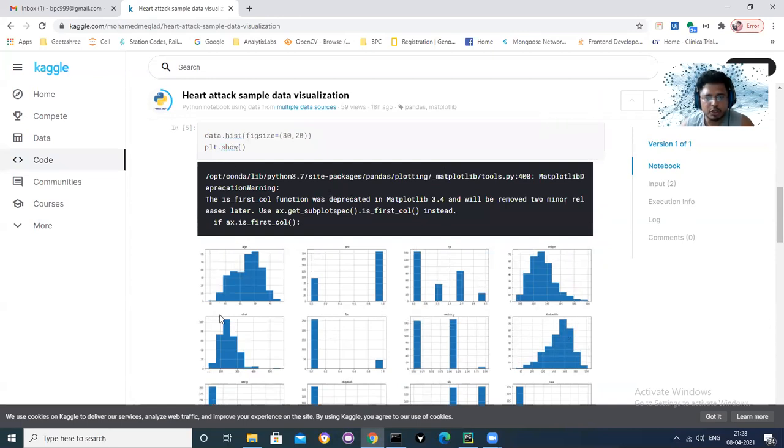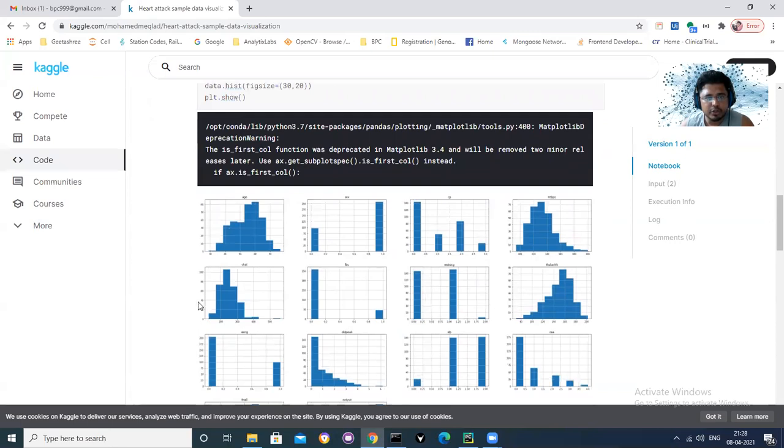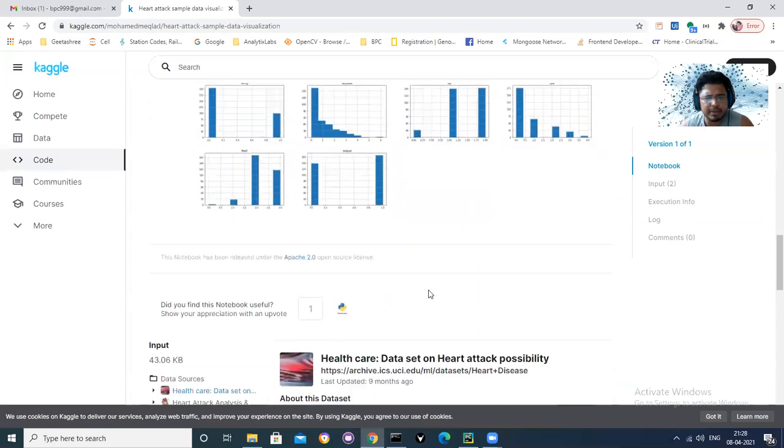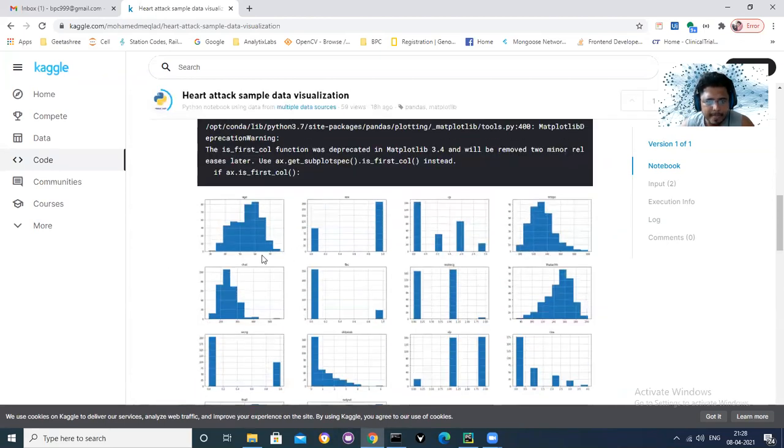Okay, so in here we do a histogram, and histogram tells us a lot about the data. You see here it tells me that the age is normal distribution.